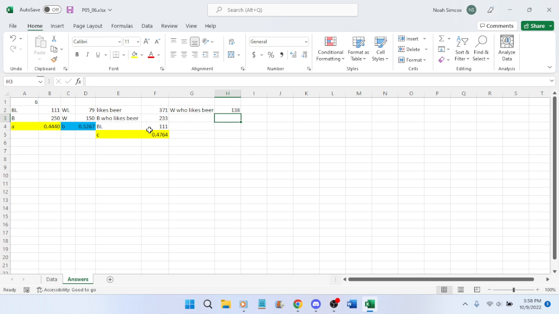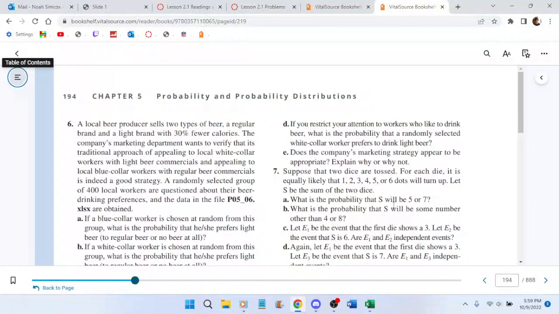It logically makes sense because this total should be 371. And we already got that, so good. NWL, we already calculated that. Should be 79 because white-collar workers who like light beer.